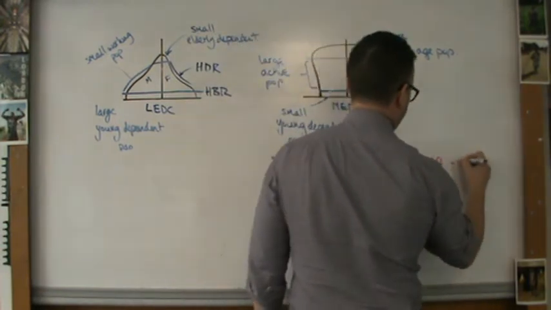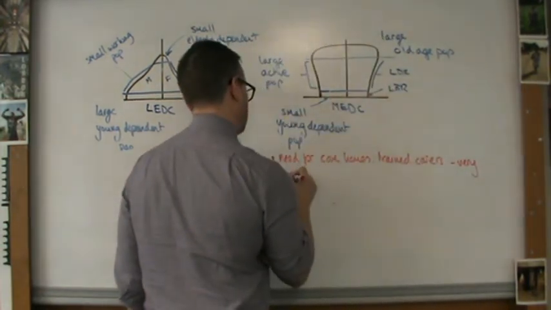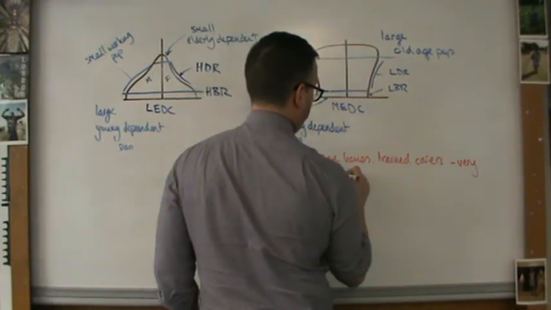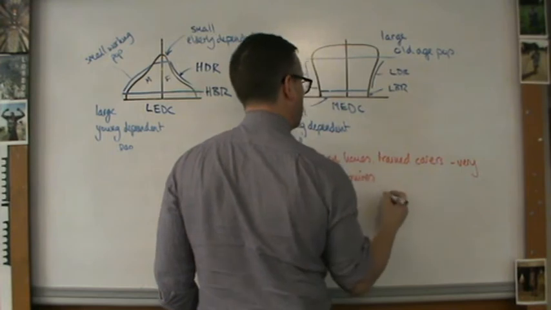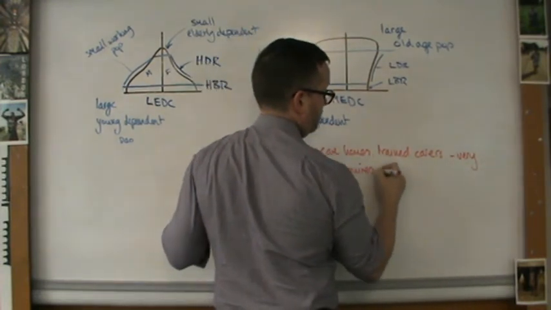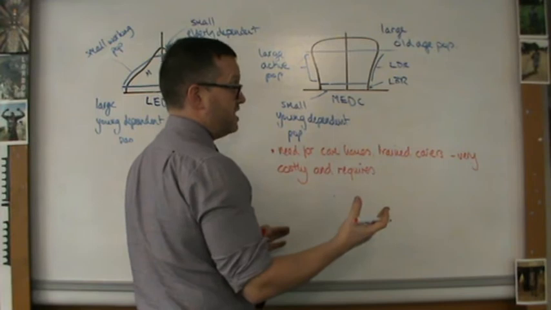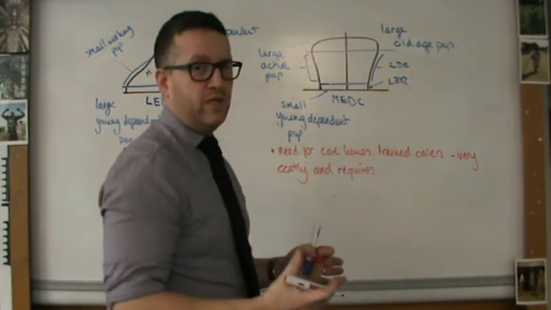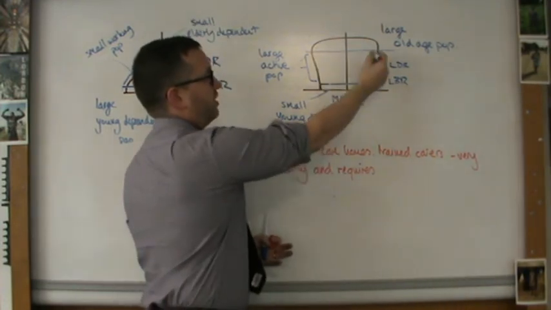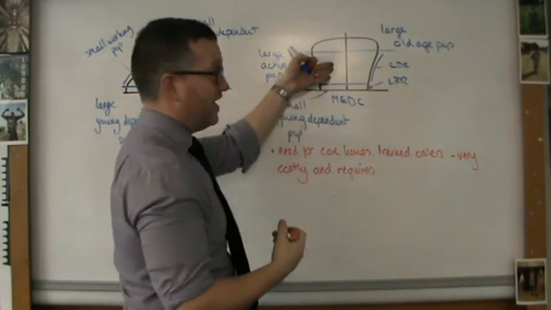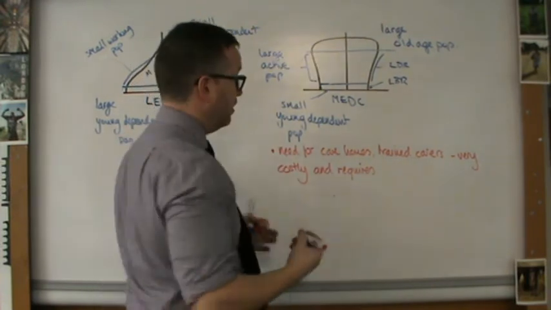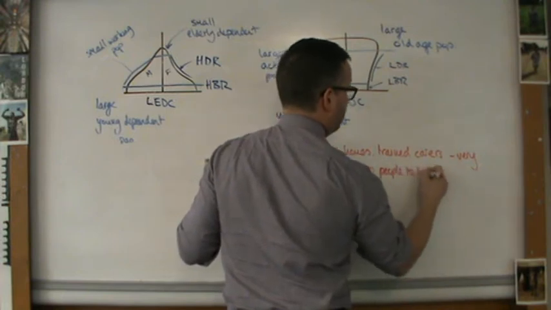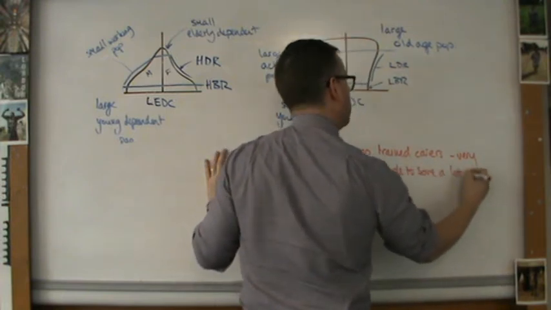This is very costly and requires either a lot of taxpayers' money, but I like to save that reason for later. What care homes do require is that the entire population in the working bracket are saving a lot of money to pay for their own elderly care. So it requires people to save a lot for the future.